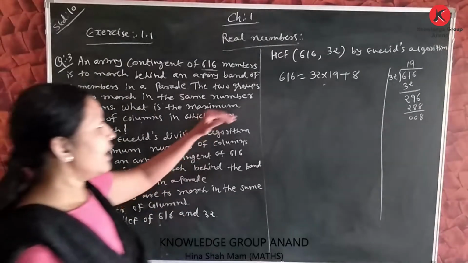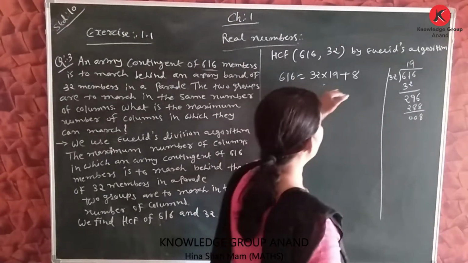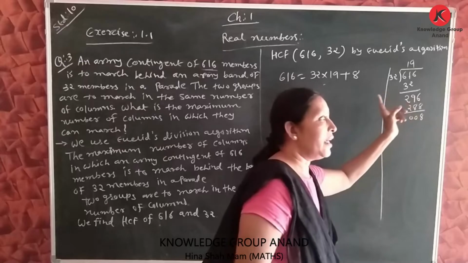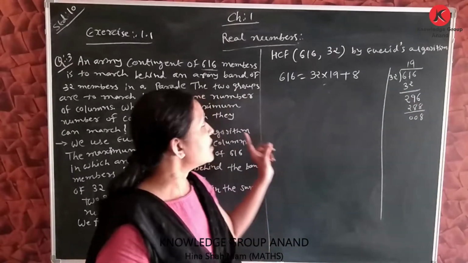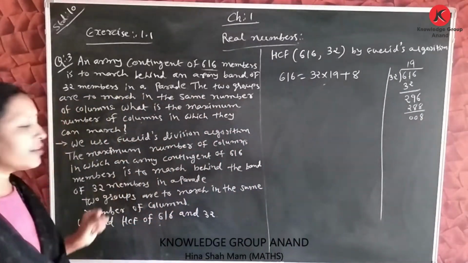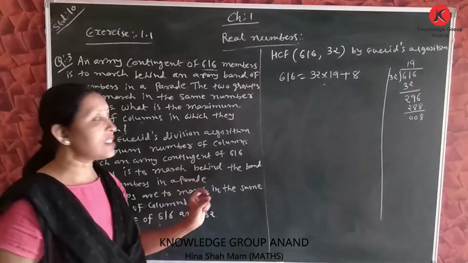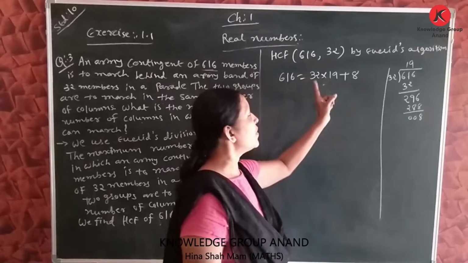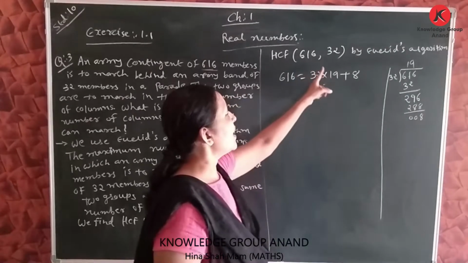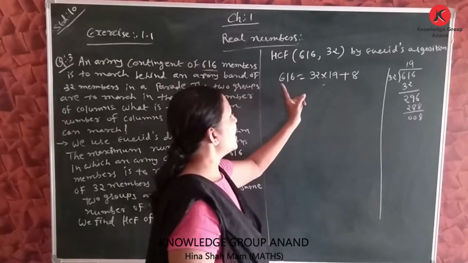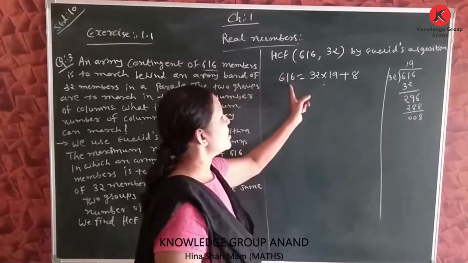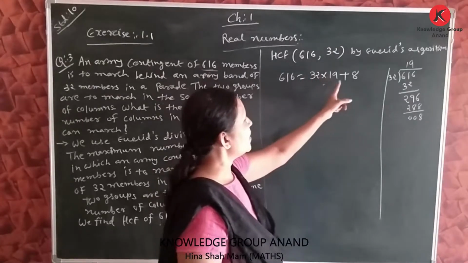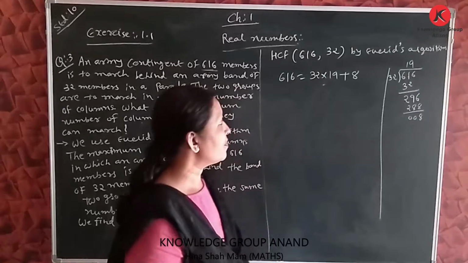Clear? We use Euclid's algorithm to find the HCF of 616 and 32. Here 616 is the larger number and 32 is the smaller number. Therefore 616 is divided by 32, and we get 616 is equal to 32 into 19 plus 8.